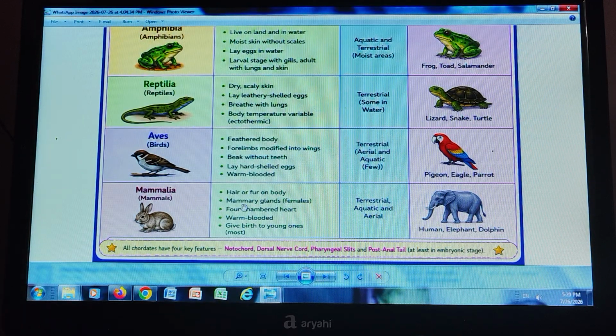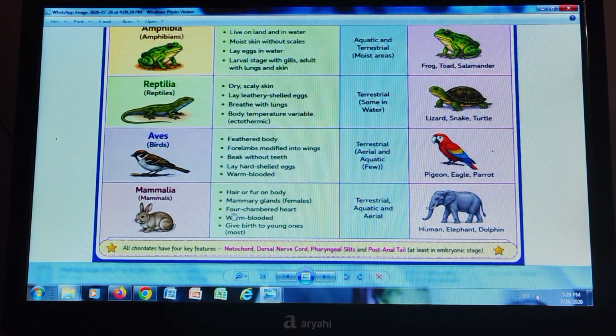Mammary glands will be present, because they are the animals which feed the young ones with milk. Mammary glands are useful for producing milk and feeding the children. Mammary glands we see in the females only.